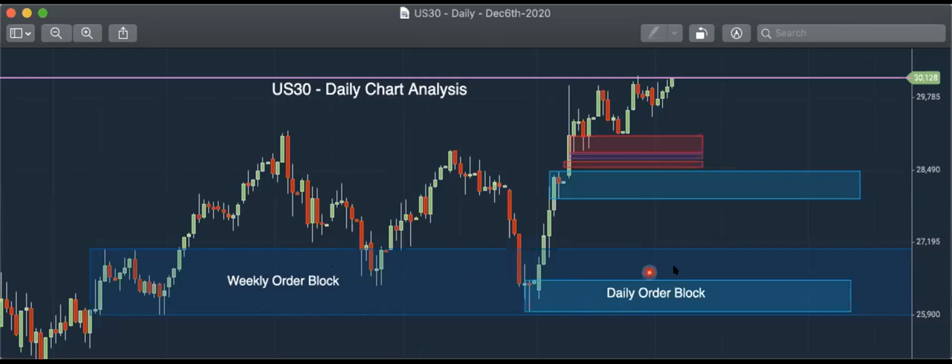So when we are getting a daily push like that, and this is the order block inside the weekly order block, this is showing the direction is up, and as you can see, it goes all the way through. It's breaking this high and breaking this high, because it was very strong, because it was initiated from the weekly order block.